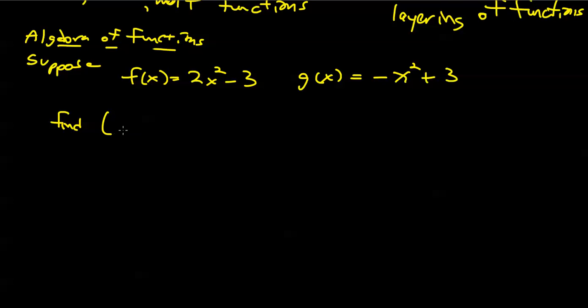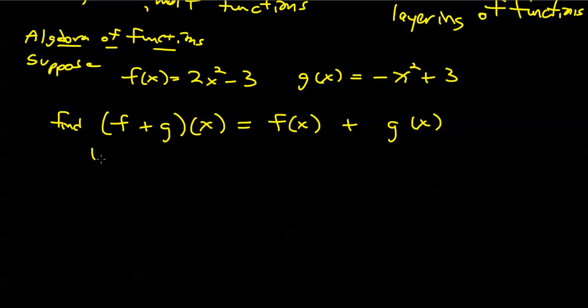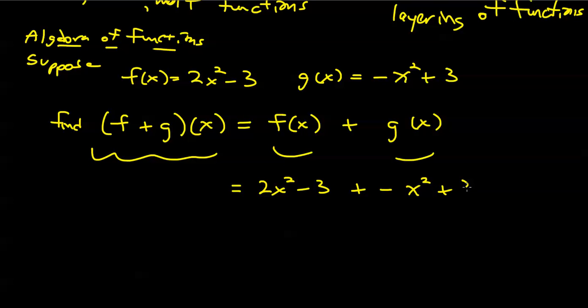Now this is the book's notation and it's a little formal. If I ask you to find f plus g of x, all this means is we are taking f of x and adding it to g of x. So this is kind of a fancy way to say add the two functions. Well, f of x is 2x squared minus 3. g of x is minus x squared plus 3.